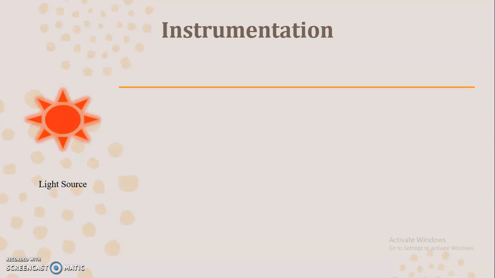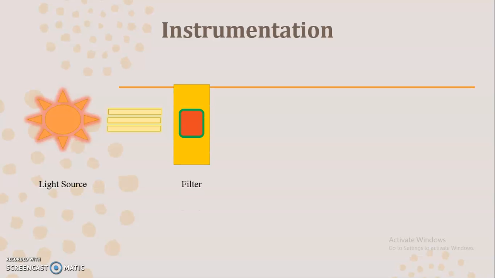You can see here, this is the light source which is used. Commonly used light sources include the tungsten lamp, which is also commonly used in UV-visible spectroscopy, because the light emitted by these lamps falls in the visible region. The light emitted by this source will fall on either filters or monochromators.